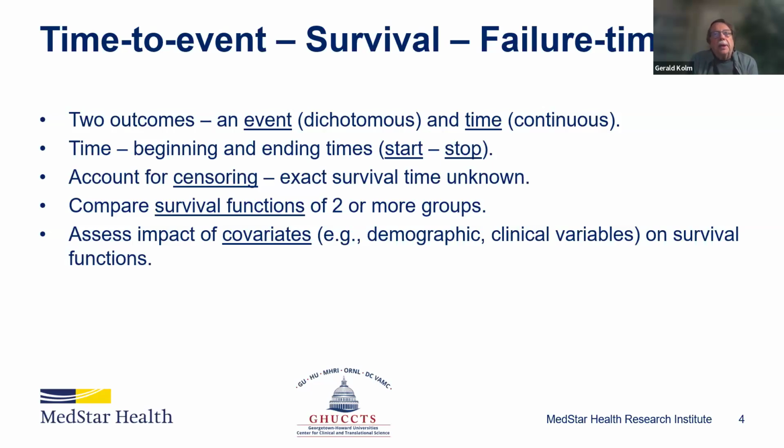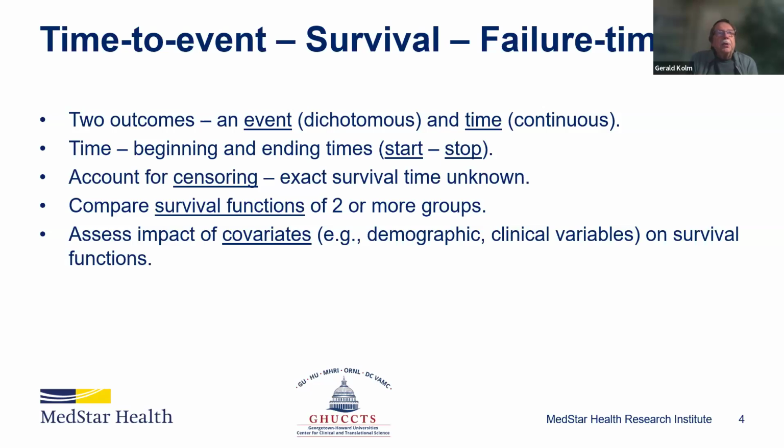And so in terms of the time variable, we have to have a beginning and an ending time. And we also then have to account for what's called censoring. And censoring is the situation where we don't know exactly the survival time or the exact survival time of some individuals.